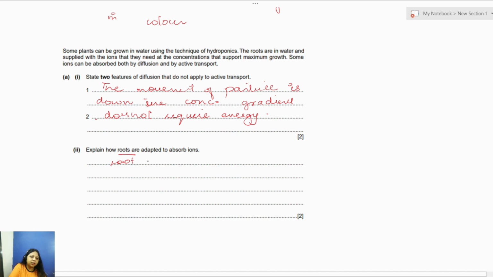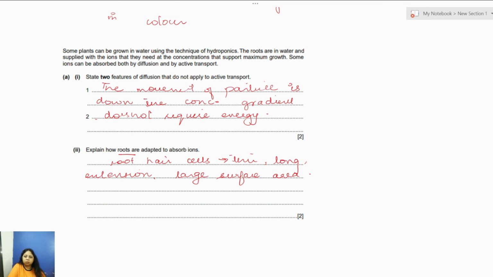Good. And what if it has to take up ions with the help of active transport? Then mitochondria. Exactly.